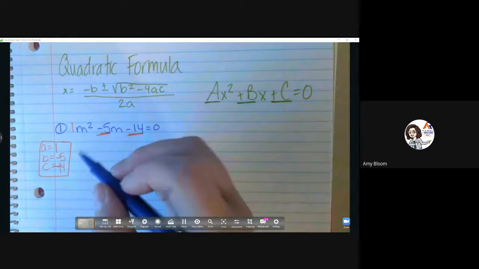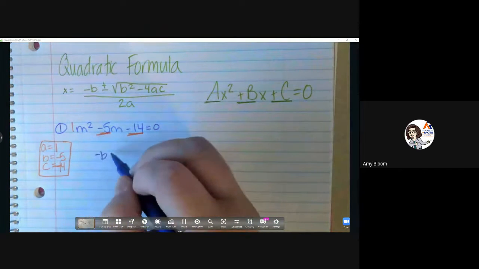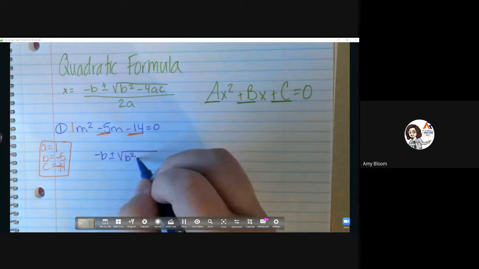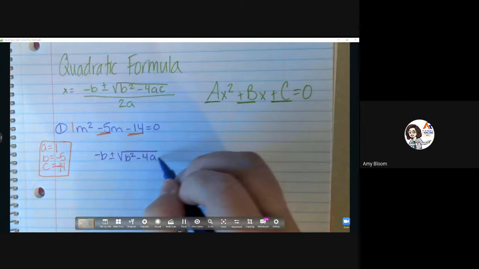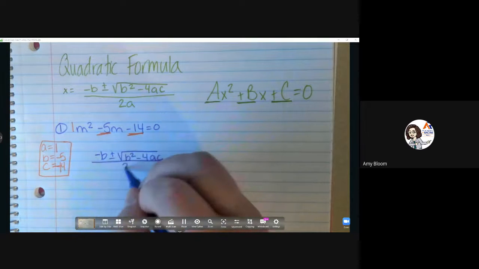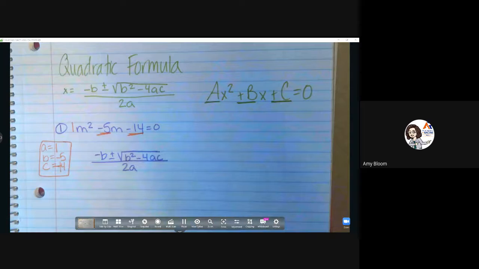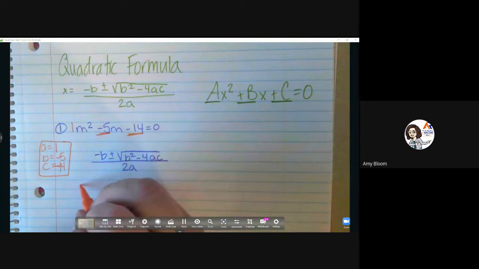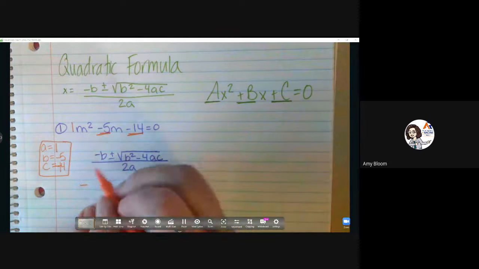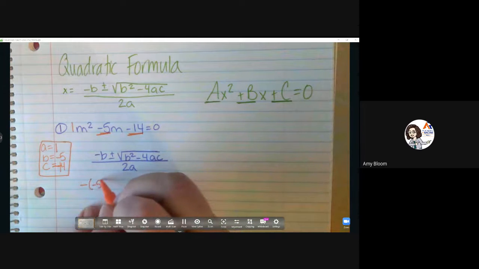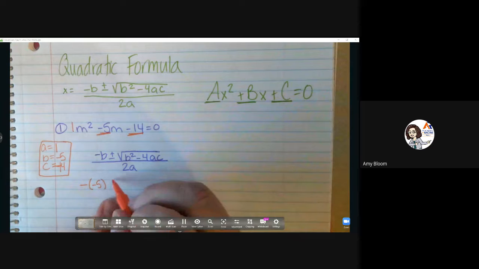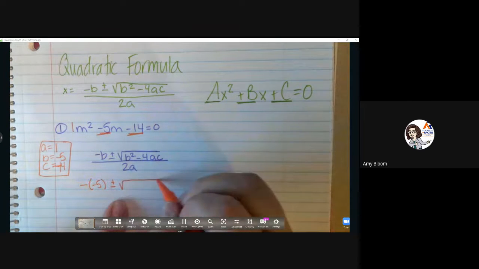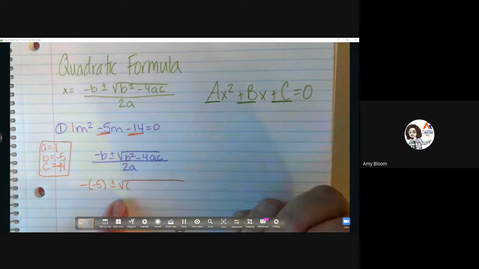So there's our a, our b, and our c. Now we're going to plug that into this formula. Negative b. So negative, but then b is negative, so negative negative 5 plus or minus the square root of b squared.